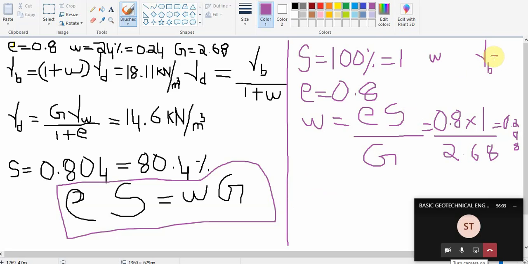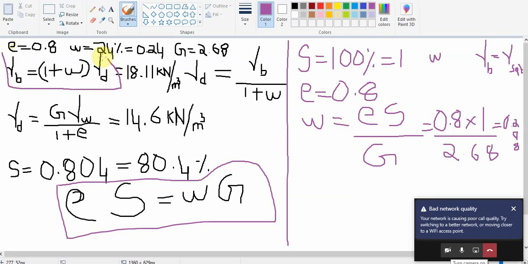When soil is 100% saturated, bulk unit weight can also be called saturated unit weight. So gamma B will be equal to gamma SAT. So let's find gamma B. We can again use this equation. Gamma B is equal to 1 plus W into gamma D. Gamma D will be same no matter what, your dry density will always be same.